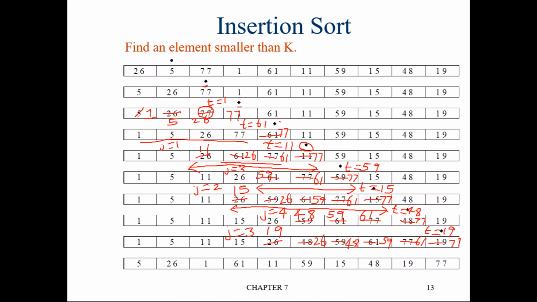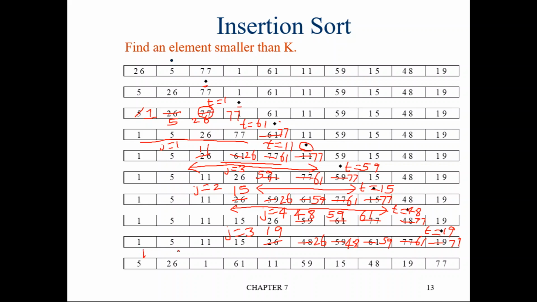Okay. So this is how the algorithm works, right? Here I think they are not showing the full list. Okay. So at this point I think it is sorted, right?